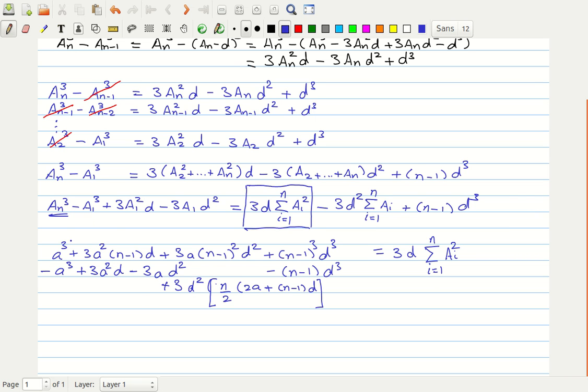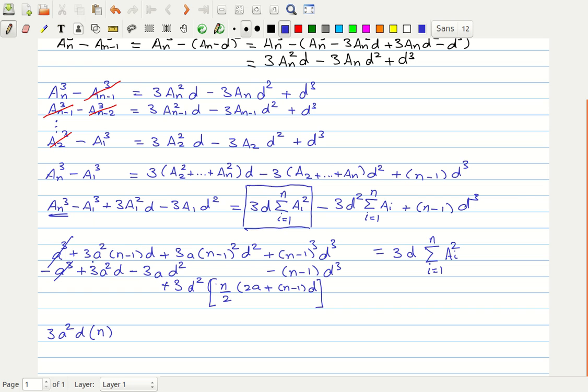So a cube cancels this a cube, and if I consider these two, I can take 3 a square d out as a common factor. Now this is (n minus 1) plus 1, right? n minus 1 plus 1 is n.